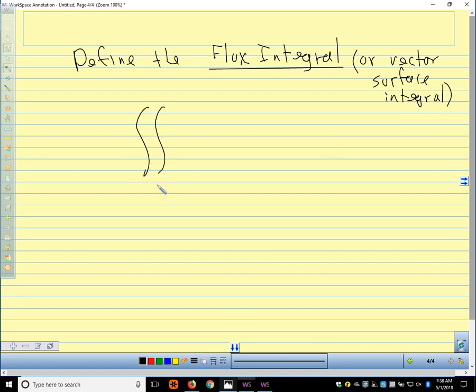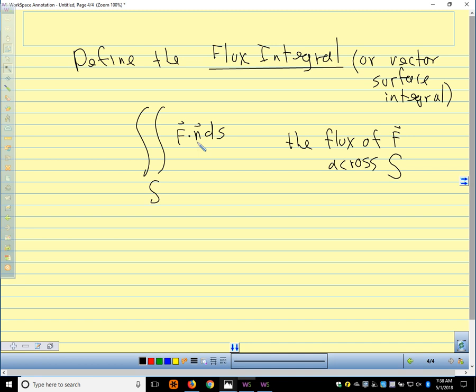The double integral over our surface of f dot n dS. And we call this the flux of f across S. Is that a little n or a capital N? This is a little n, because in order for that to be the volume, that had to be a unit vector.